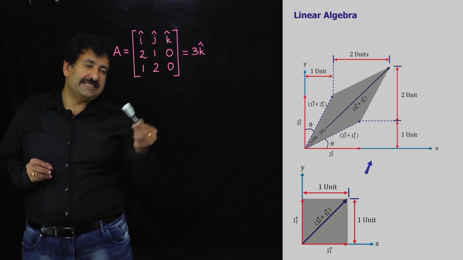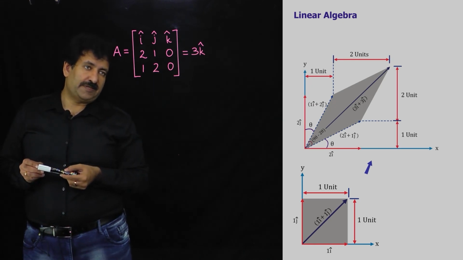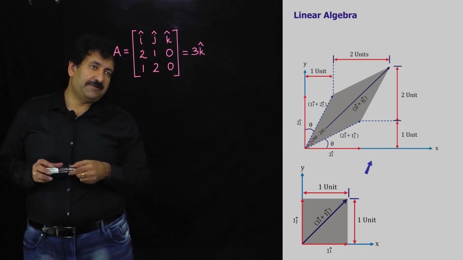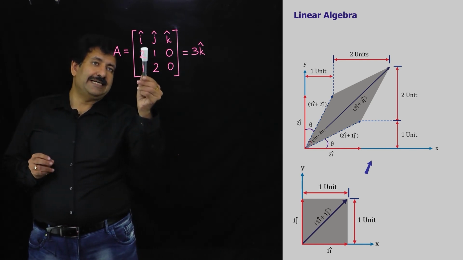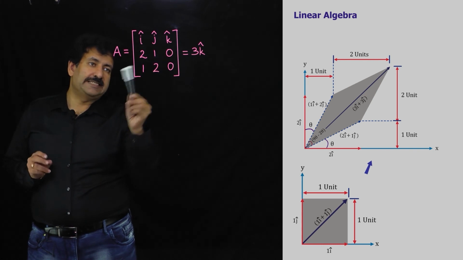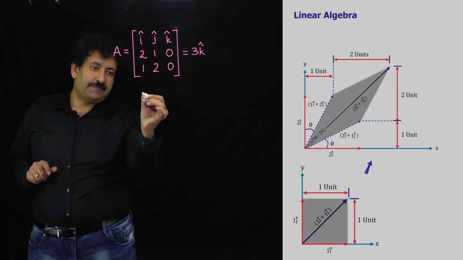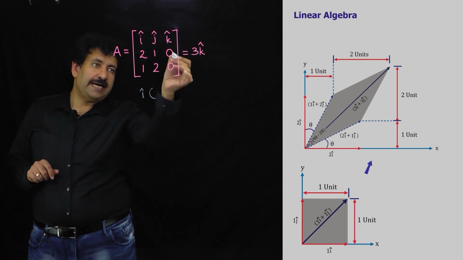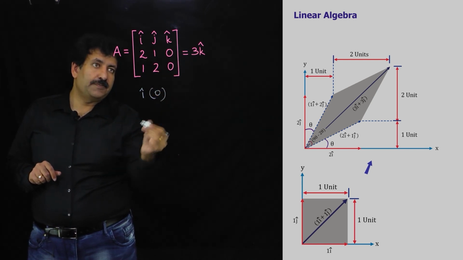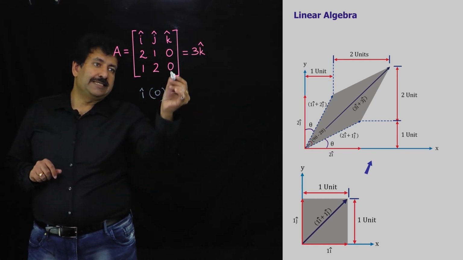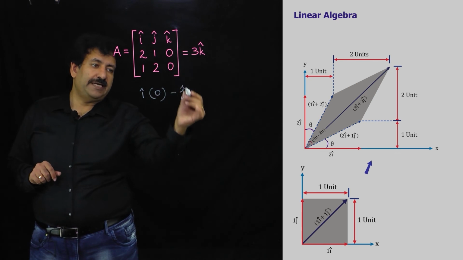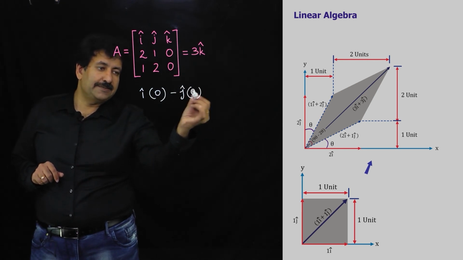Now, this is how you determine the cross product. You find the determinant of this matrix, and you can clearly see that it is done as follows. It is i multiplied by 1 into 0 minus 2 into 0, you get 0, and then minus j times 2 into 0 minus 1 into 0, you get 0.